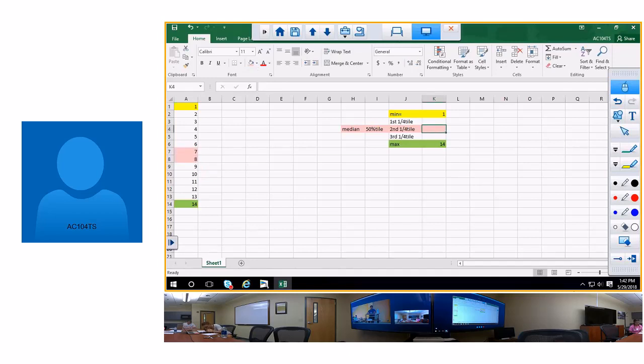Parentheses, 7 plus 8, divided by 2. Now, where is that number? It's in the middle of 7 and 8.